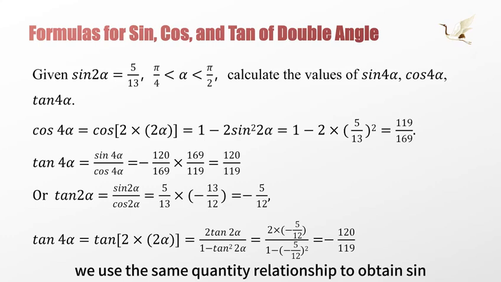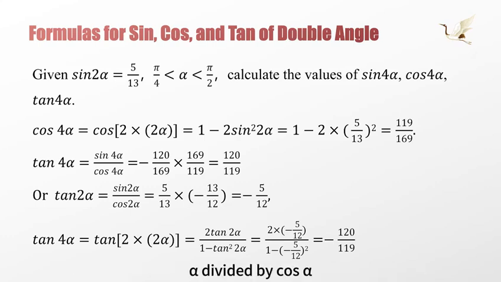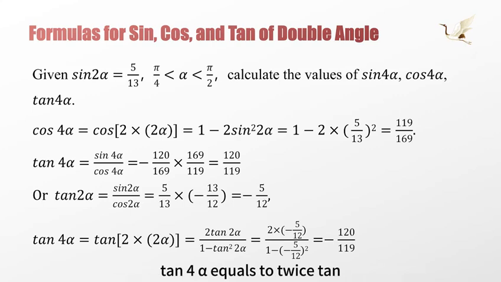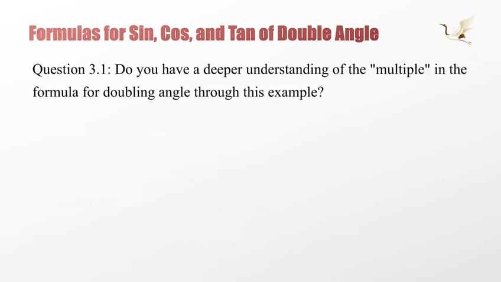We use the same angle relationship to obtain sine 2 alpha divided by cosine 2 alpha equals negative 5/12. Then, using the tangent formula of twice the angle, write tangent 4 alpha equals twice tangent 2 alpha divided by 1 minus tangent squared 2 alpha. After substituting the values, the result is negative 120 divided by 119.